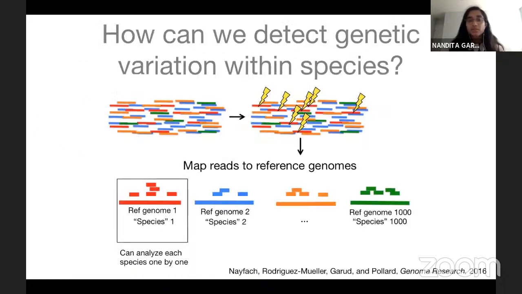And so what we can do is map reads to reference genomes, as I'm showing here. And so we can align them and then identify mutations inside of each species, such as this one at 50%, that correspond to a polymorphism inside of a host, inside of a host species pair.